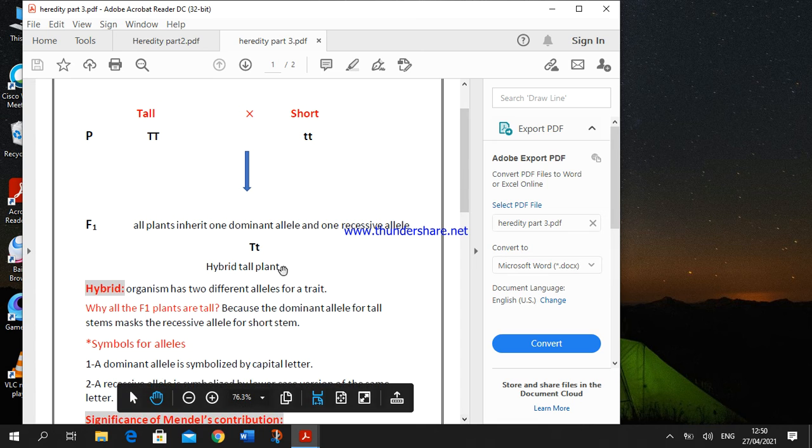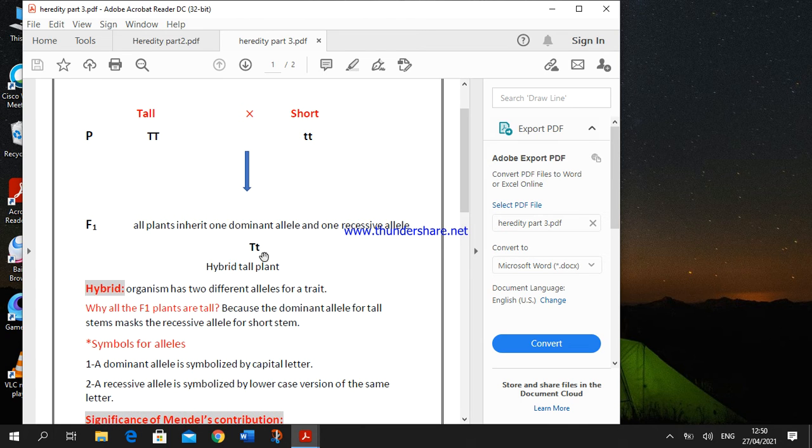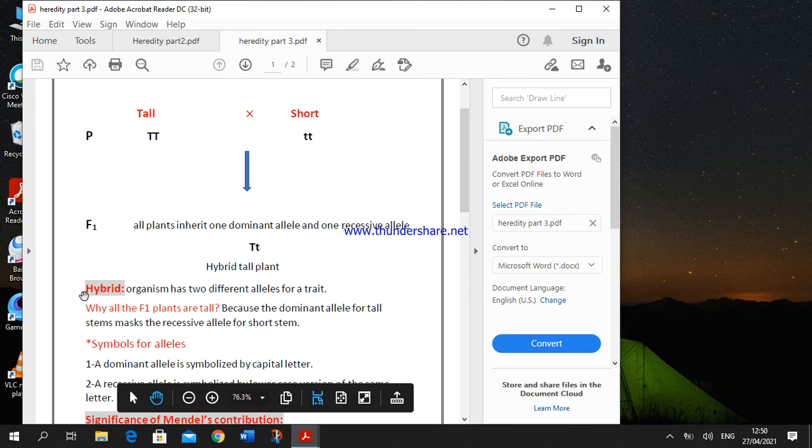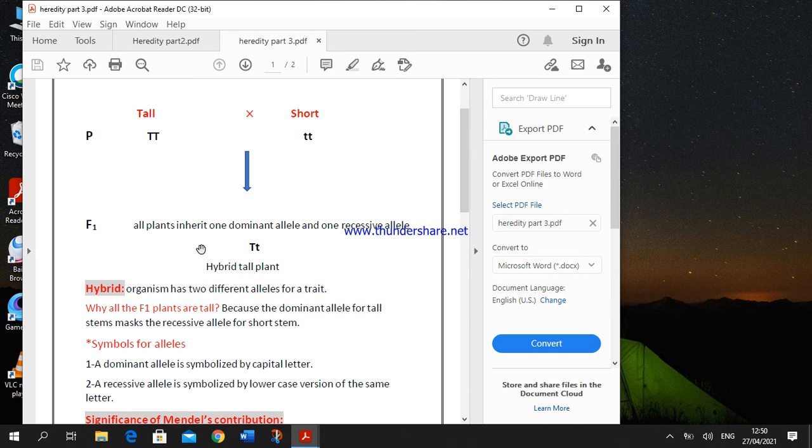Like the plants in the F1 generation, they carry different alleles: one allele responsible for tallness and another allele responsible for shortness. Why were all the plants in the first generation tall?